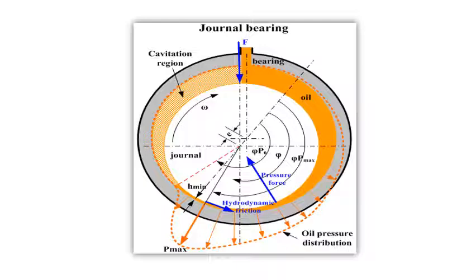So the final position of this journal is actually determined by the equilibrium between these forces. So in this part we will see what is the terminology of the hydrodynamic journal bearings.